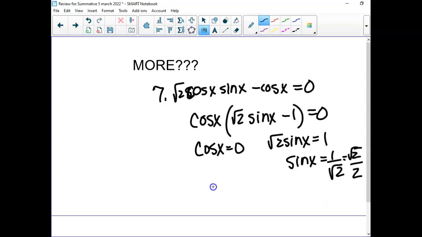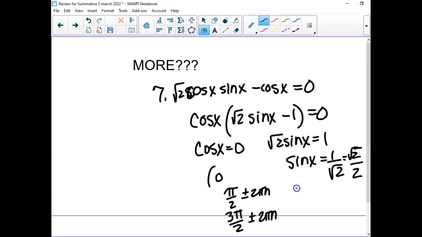So cosine is 0 means x is 0, which would be pi over 2 and 3 pi over 2. And was this all again? Yes, you could do pi over 2 plus or minus pi n, or you could actually do plus or minus pi over 2n, different ways, yep.